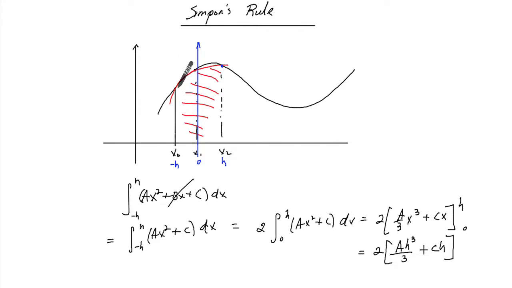Now here are the parabola points. This point at minus h, let's call it y0. This point here, at 0, let's call it y1. And this point here, at h, y2. These are all points on the red parabola.